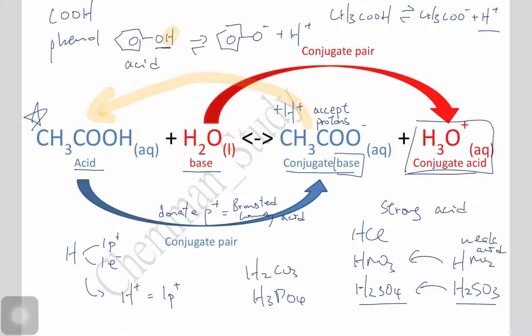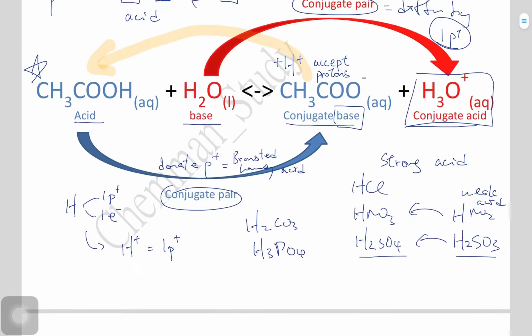Whenever you have four things in the acid-base dissociation equation, you must have two acids and two bases, and also two different conjugate pairs. An important criterion for a conjugate pair is that they differ by only one proton. They may donate or accept a proton to form the opposite chemical. That is why you can see the difference in the formula is only one proton.